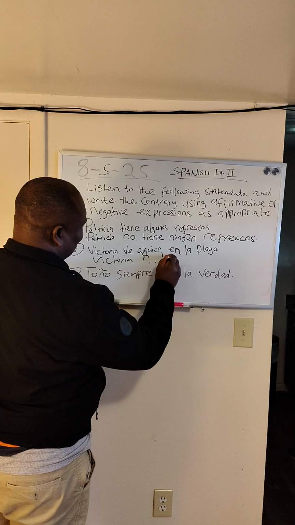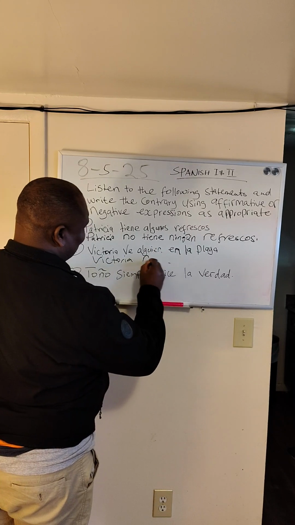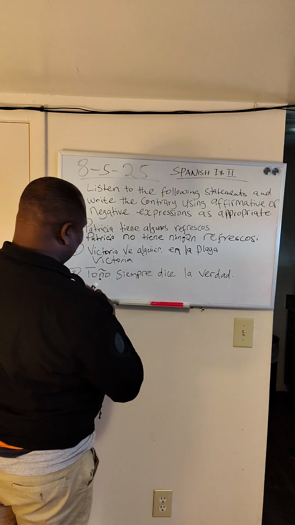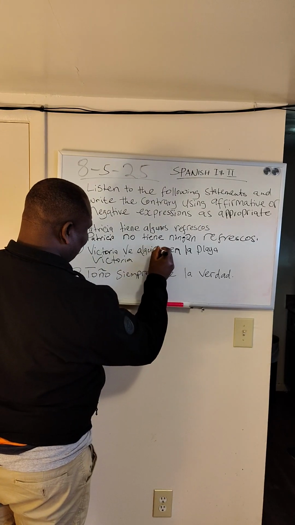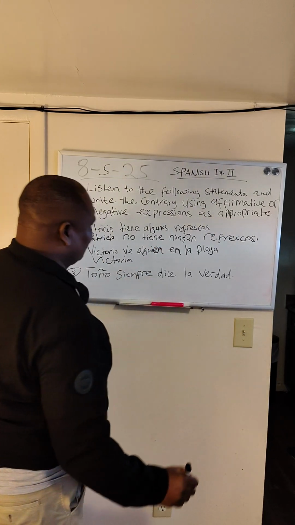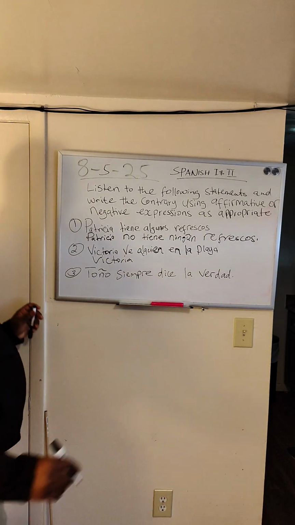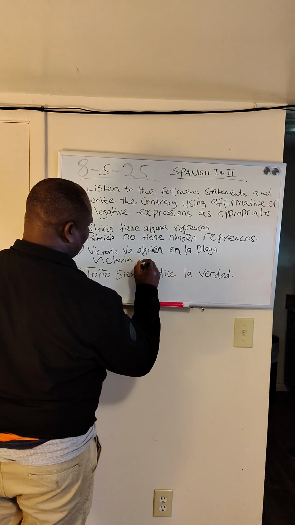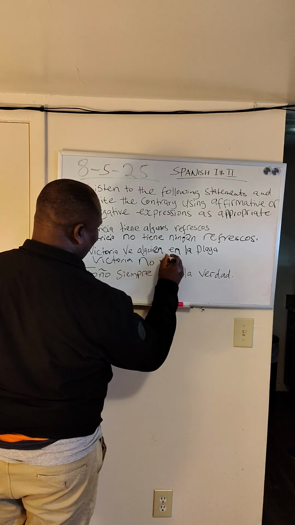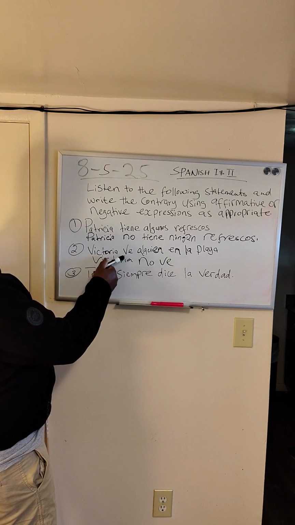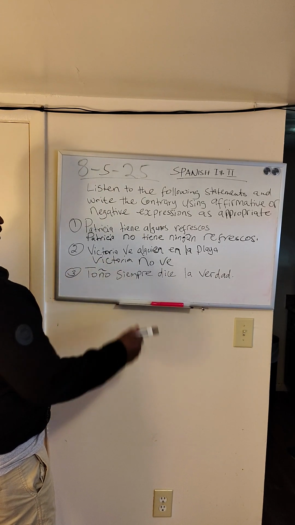So now let us get the right words in here. Victoria ve alguien en la playa, we're going to say Victoria no ve a nadie. So you see here they say ve, we say no ve.